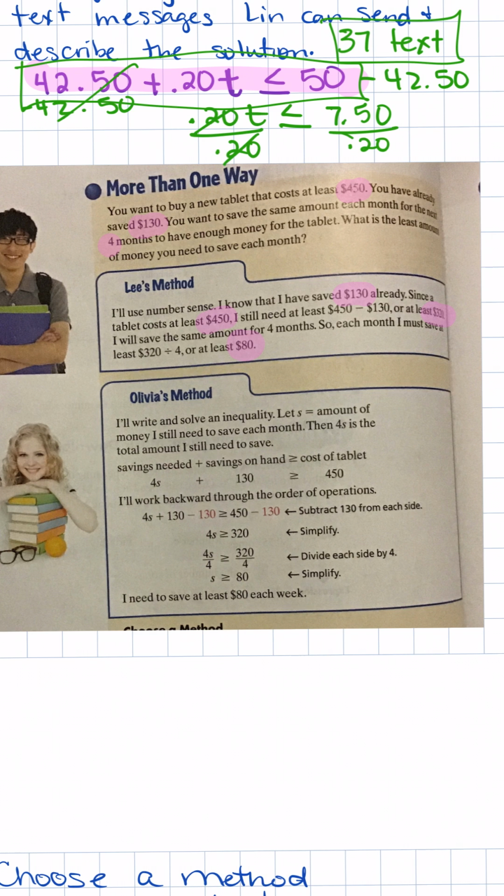So Olivia says, I'll write and solve an inequality. Let S equal the amount of money I still need to save each month. Then 4S is the total amount I need to save. Savings needed, 4S. Savings on hand, plus the 130. And it has to be more than or equal to 450. So we need to solve. So we are going to subtract 130 from each side.